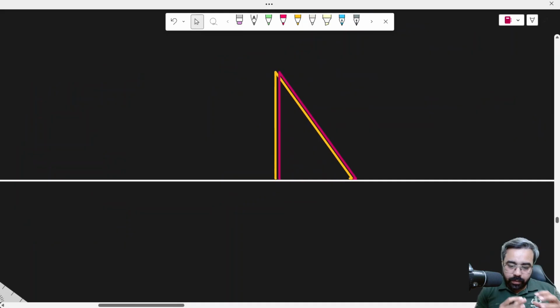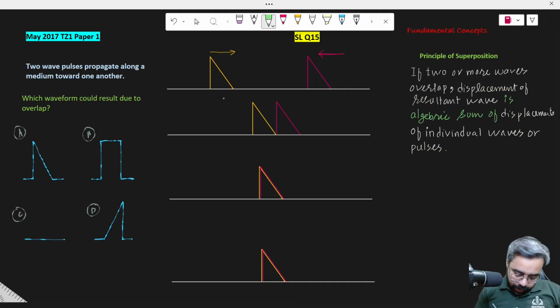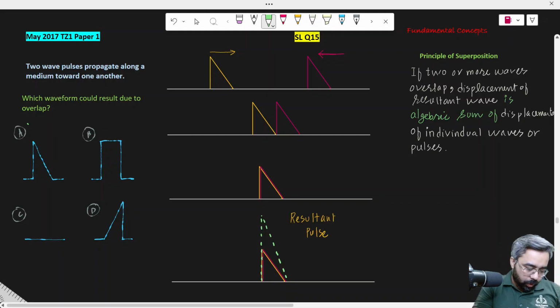Now they will produce the same shape of pulse, but the difference will be just that the amplitude of that pulse will be twice the amplitude of the single pulse. So, dear students, it means that the resultant pulse must be something like this. So this is your resultant pulse. So the right answer should be option A, not B, C, or D.